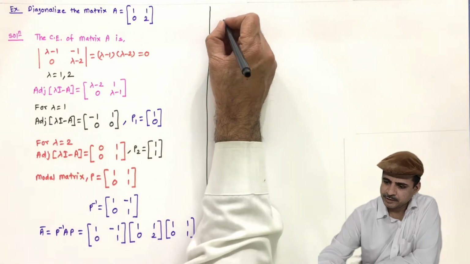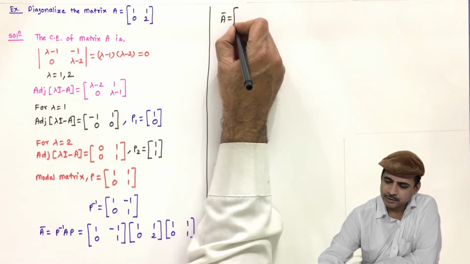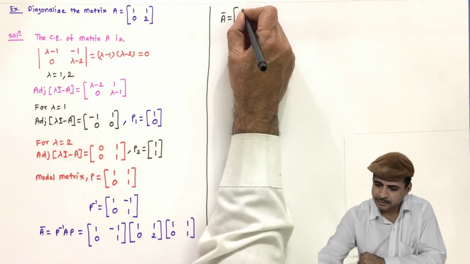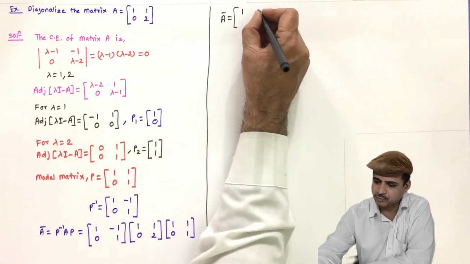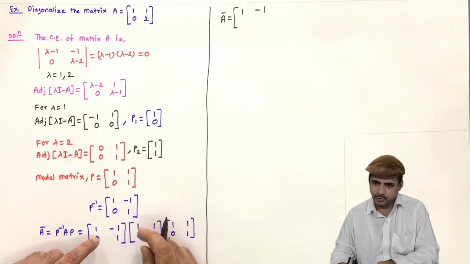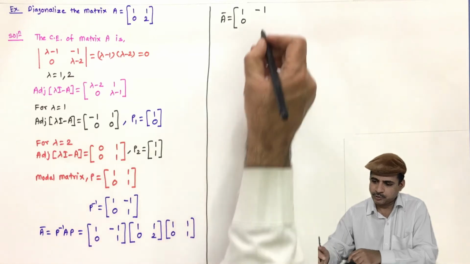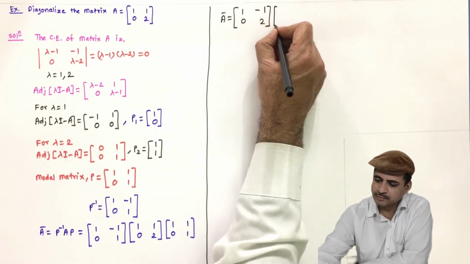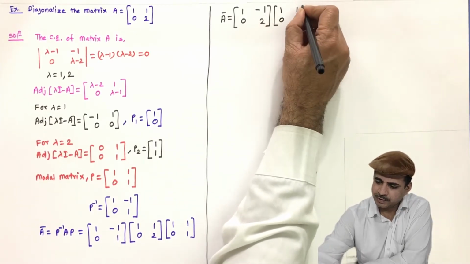Let me perform the calculations. 1 plus 0 is 1, 1 minus 2 is minus 1, 0 plus 0 is 0, 0 plus 2 is 2, and this is multiplied with [1, 1; 0, 1].